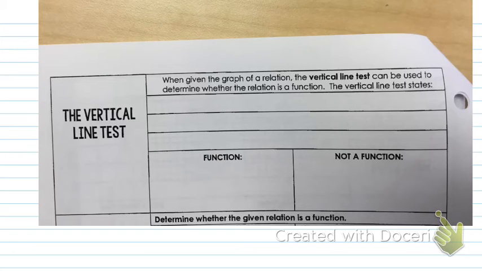All right. The vertical line test works because each domain only has one range. And for us just to write down something that all looks the same, I wrote something down.